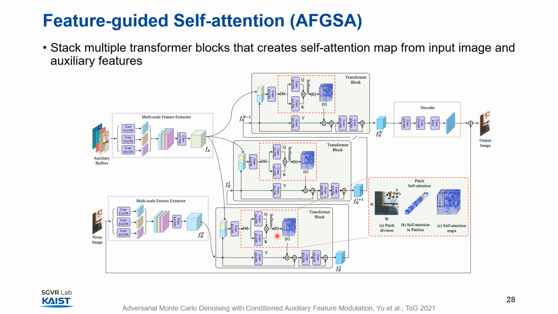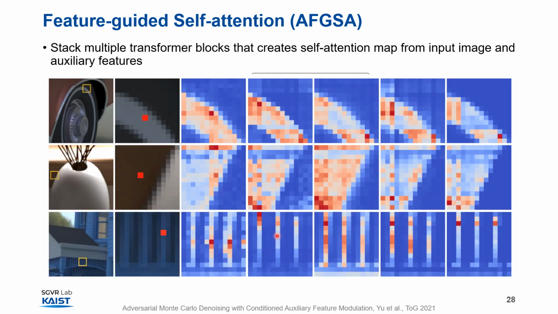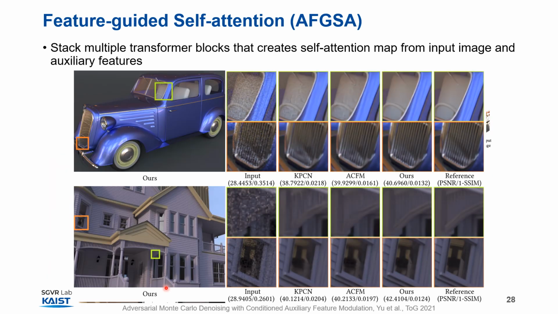If we look at these blue attention maps closely, we can see that the attention map highlights the parts where the auxiliary features have high correspondence with the query red pixel. By doing so, with a lot of computational power, this method achieved better results than KPCN and the adversarial work for these fine specular details and the textures.